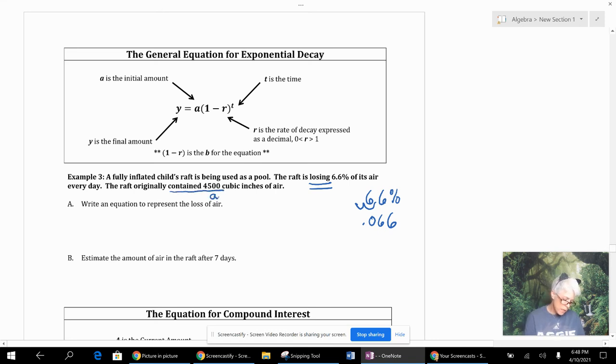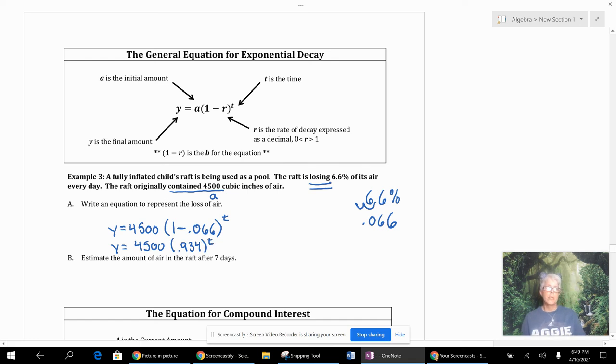There's my A right there, my starting point, my y-intercept. So I have y equals 4,500, and because it's losing, I know to subtract 1 minus 0.066, to the power of t. And this number here ends up being 0.934.